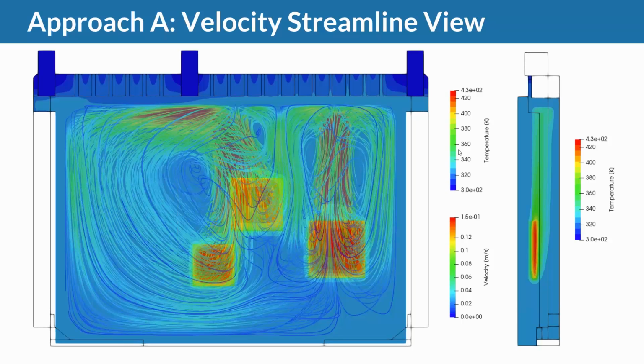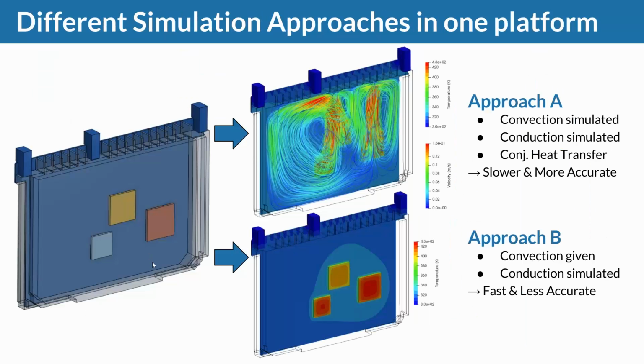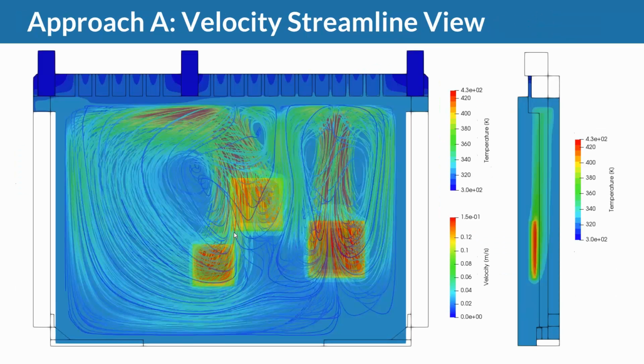with the difference that not just conduction in the solid parts is being simulated, but also convection inside the enclosure. And here we can see streamlines of the velocity field, and it's what we would expect. One thing to note is the orientation of the enclosure. We're looking at this from the top, or gravity acts to the bottom of this slide, and this is why we're seeing these buoyancy effects.